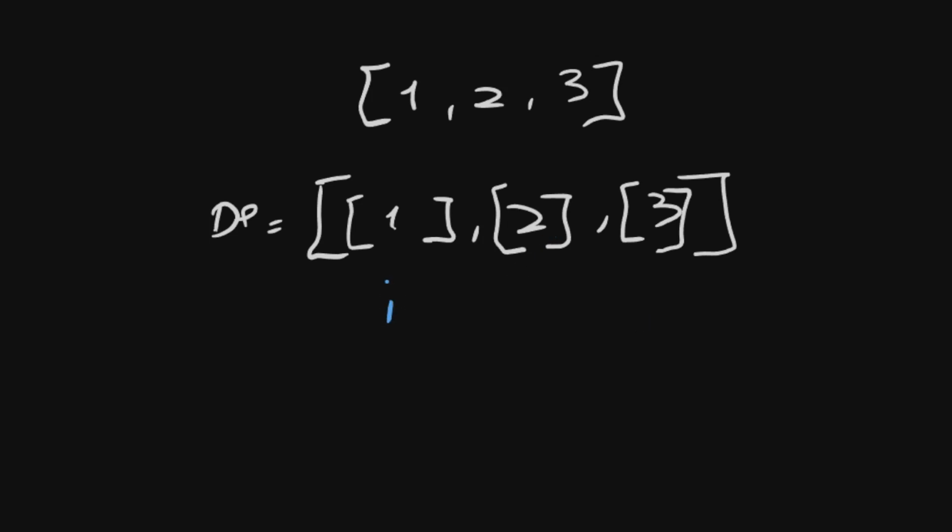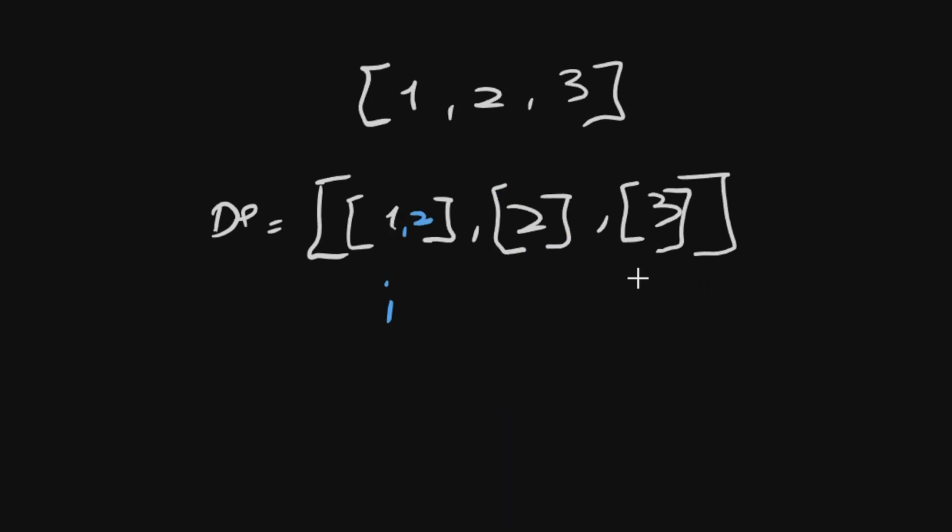Now the i pointer is here and the j pointer is here, and we are checking if 2 modded by 1 equals 0, which it does. So we are taking all the values at our index j and adding them to the array at our index i. So here we will have 1 and 2.